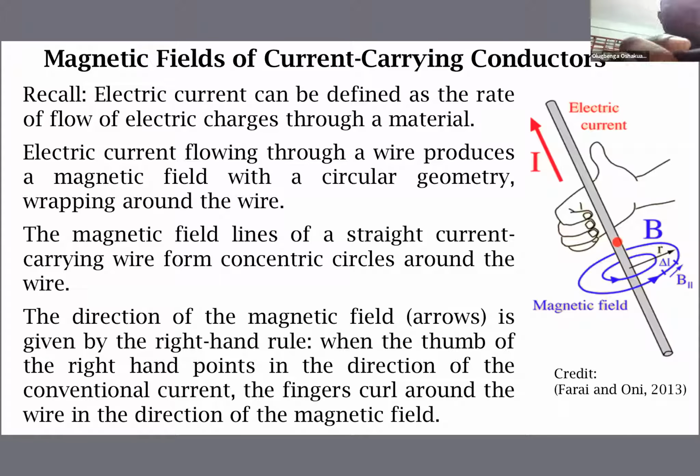It tells us that when you hold a current carrying conductor in the manner with which the hand in this diagram is showing, such that your thumb points in the direction of current flow, then the direction with which your other fingers on the right hand wrap around that conductor is the direction of the magnetic field. So the magnetic field in this case is around the conductor.